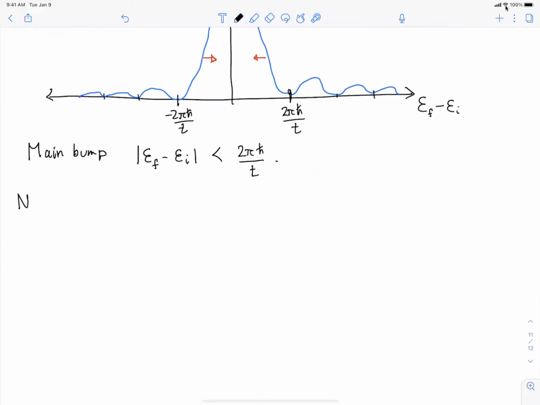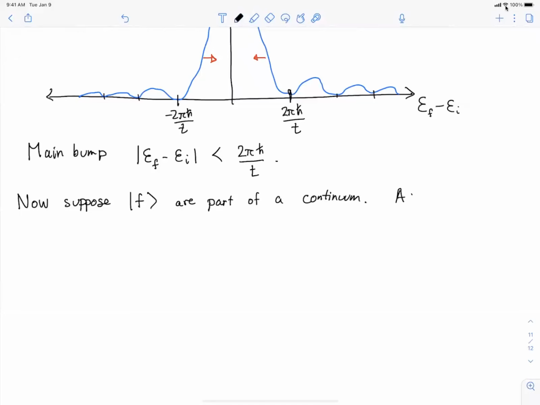So let's now suppose, which is very often the case, that my states F are part of a continuum. Meaning, for example, that I don't have bound state energies that are isolated, but instead I have energies that are continuous, like for a free particle.